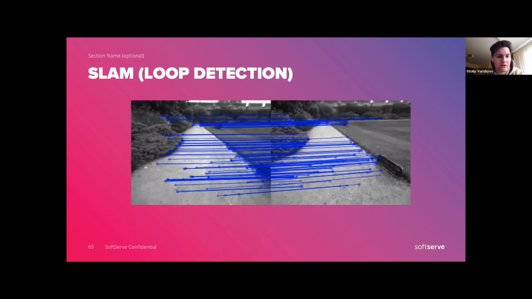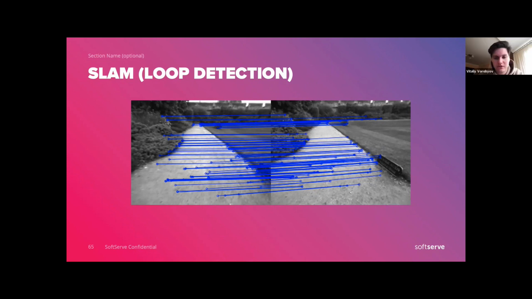The next step is loop detection. It is another key step in a SLAM algorithm, and from loop detection comes loop closing. ORB-SLAM checks if key points in a frame match with previously detected key points from a different location.